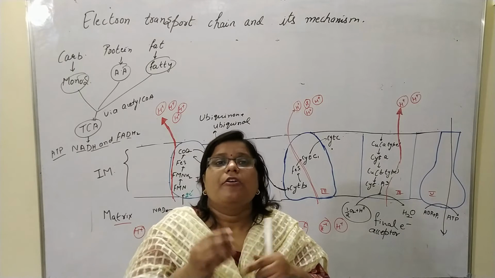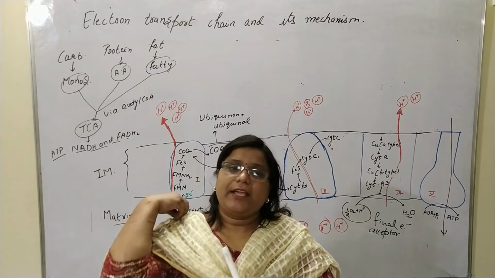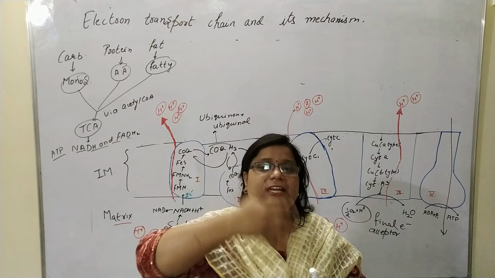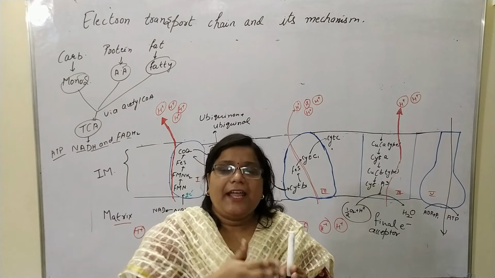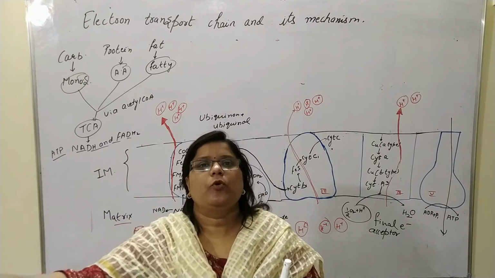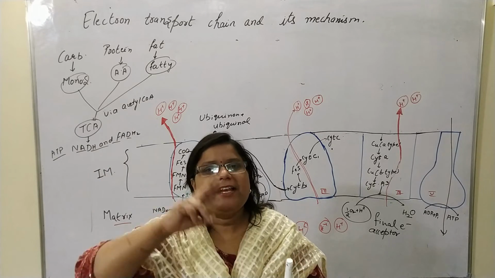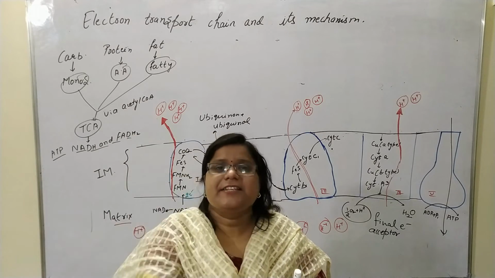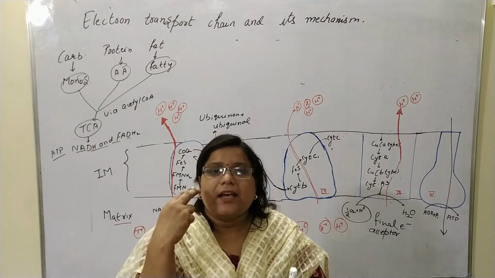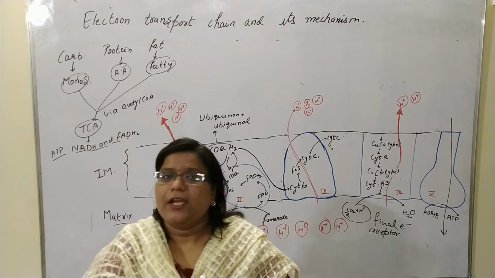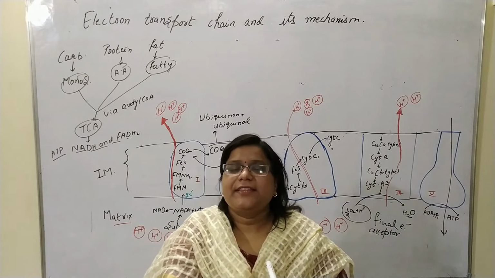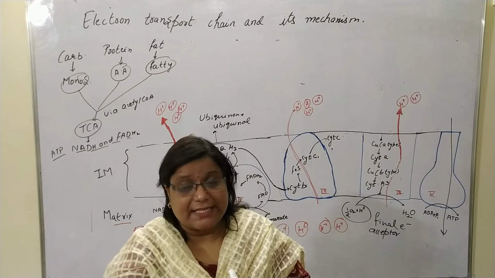So if the cell wants to take the ATP from NADH or FADH2, then NADH and FADH2 have to go to the electron transport chain. Then the energy generation, that means ATP production, will proceed. Okay, so now you will get the point why the electron transport chain is compulsory.